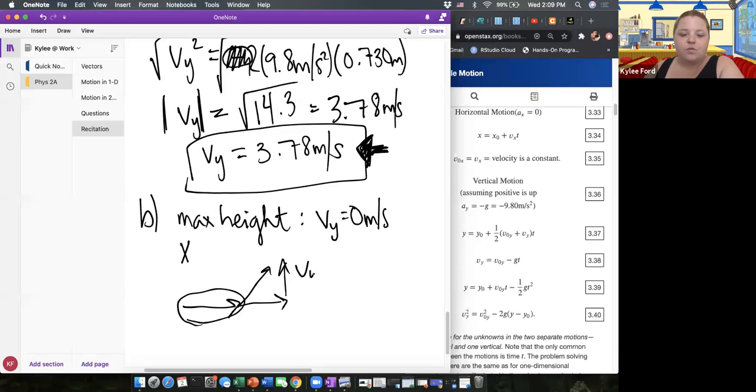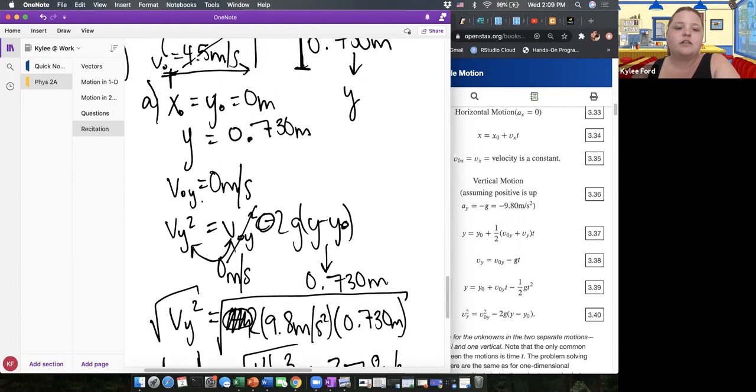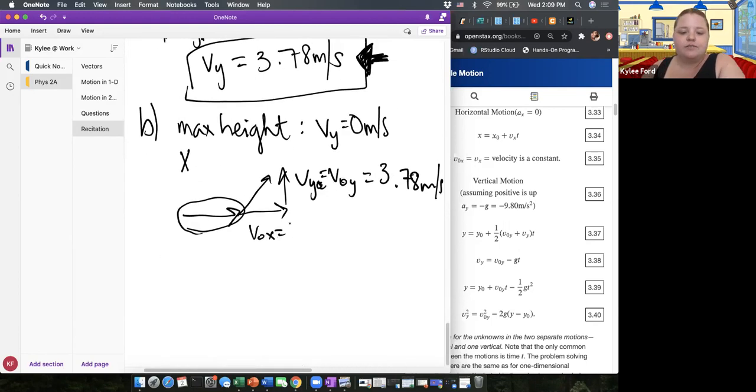So our vy, or v naught y, is 3.78 meters per second. And then my v naught x is that value that we were initially given, so that 4.5 meters per second.